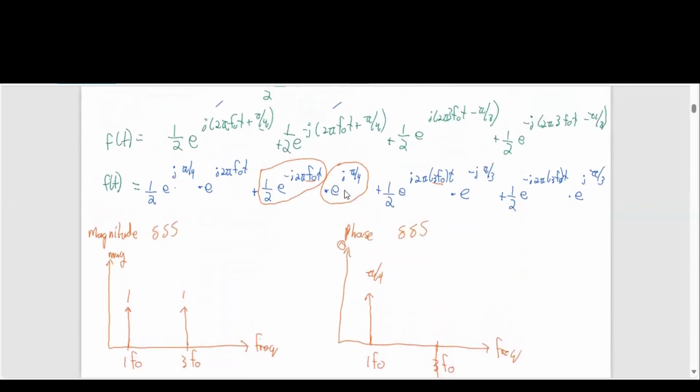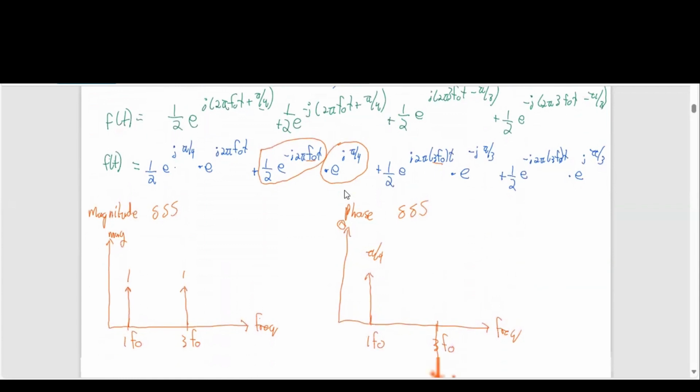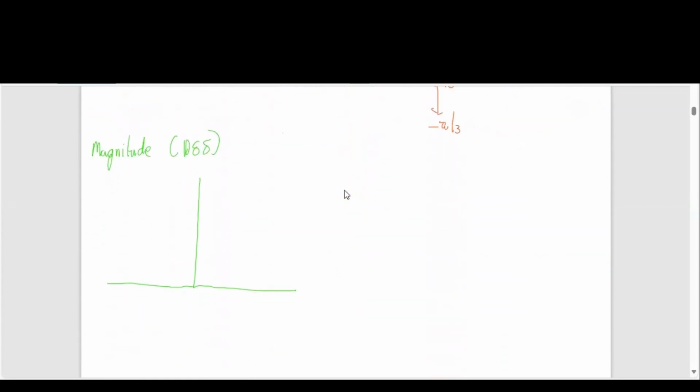So from the complex exponential, we see we have a 1 F naught, then a minus F naught, then 3 F naught, and a minus 3 F naught, which makes sense, right? So you have your 1 F naught and your 3 F naught, and then obviously it mirrors. So minus 1 F naught and minus 3 F naught, right?